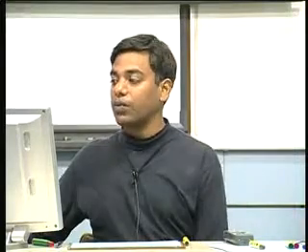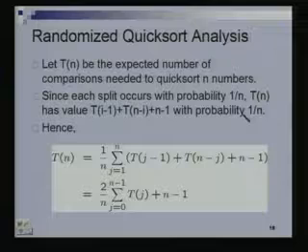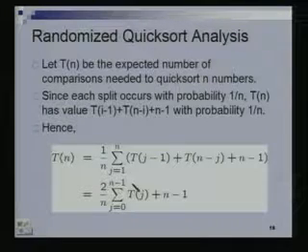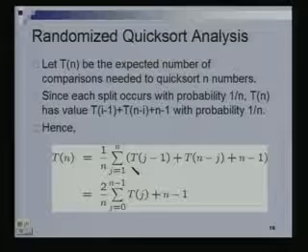So, this is going to be taking this value with a probability of 1 over n. And so, we have done just the probability times the value summed over all possible choices, which is j varying from 1 through n.